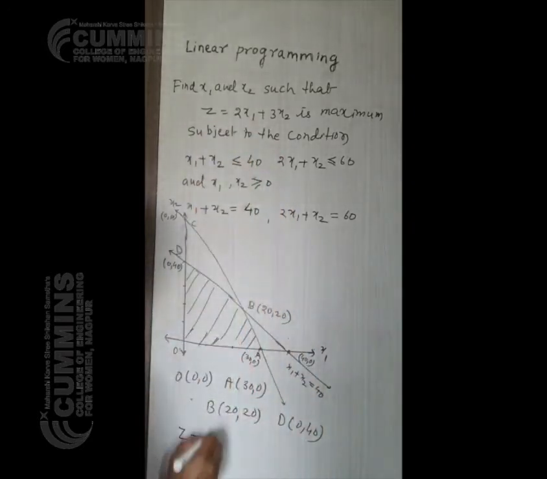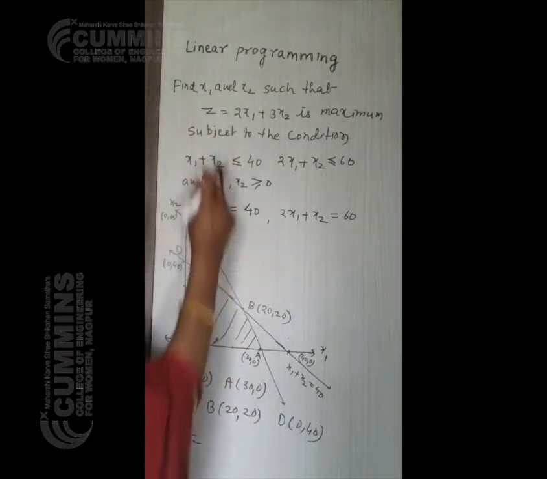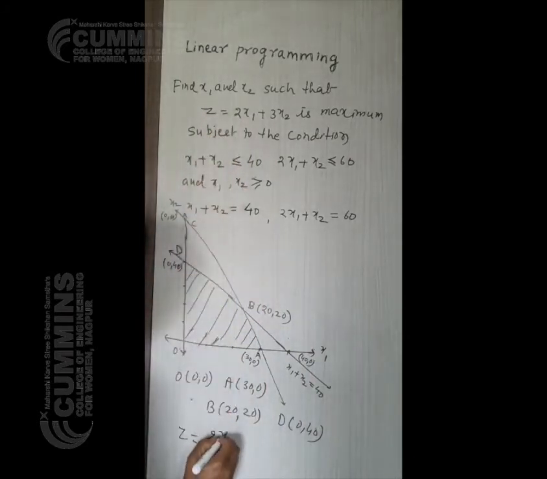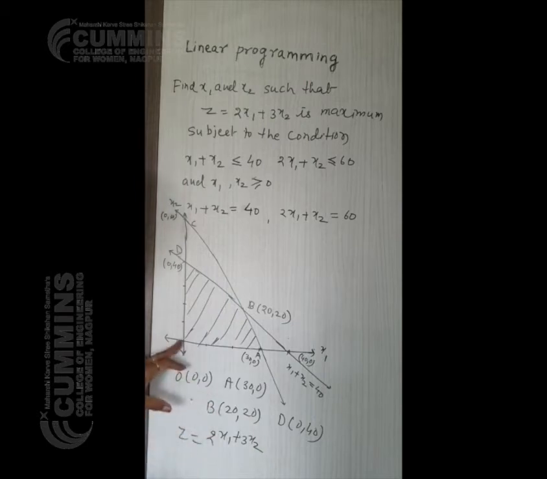So we have to put the values of x1 and x2 into Z, which is 2x1 plus 3x2. If we put x1 and x2 as 0, 0, we get Z equal to 0, so this point is not possible for Z. Then for A, 30, 0, the value of Z is 60.